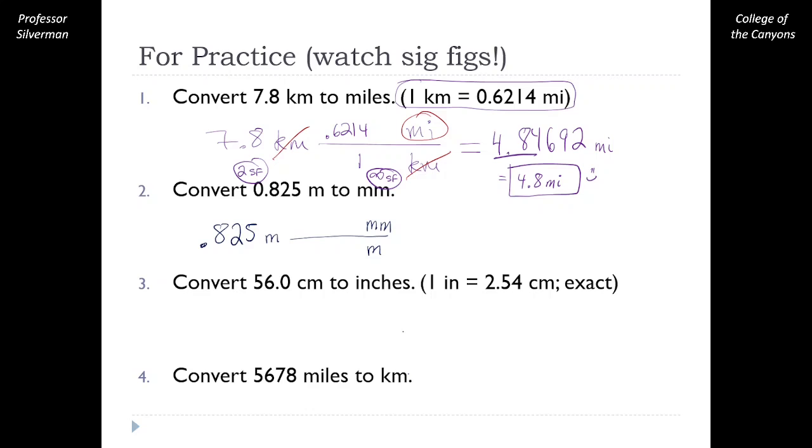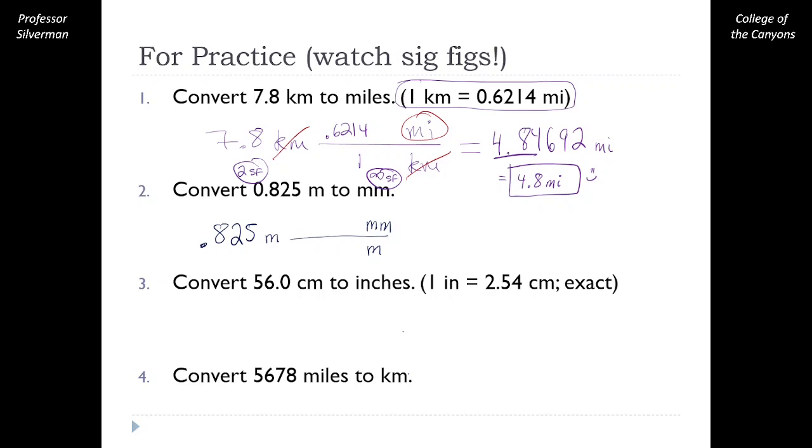Now, for metric system problems like this, I like to ask myself out loud, which one is bigger, a meter or a millimeter? Well, a meter is about 3 feet, and a millimeter is those tiny little tick marks in between the centimeters. So here, a meter is going to be much, much bigger.